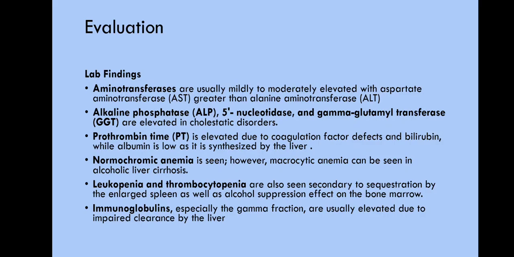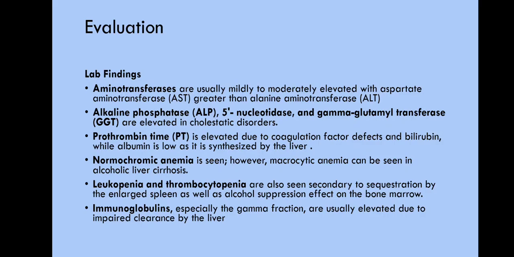Then evaluation. So on lab findings, you will notice liver enzymes, aminotransferases are usually mildly to moderately elevated, with AST greater than ALT. Then ALP, 5 nucleotidase, and GGT are elevated in cholestatic disorders. Then prothrombin time is elevated due to coagulation factor defects and bilirubin, while albumin is low as it is synthesized by the liver.